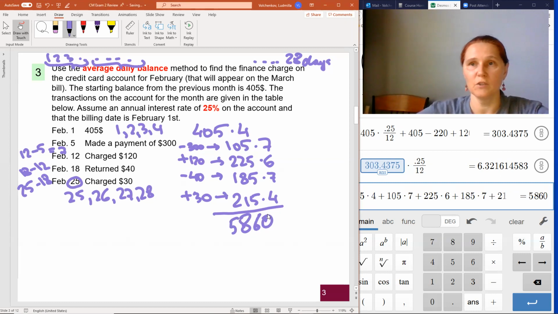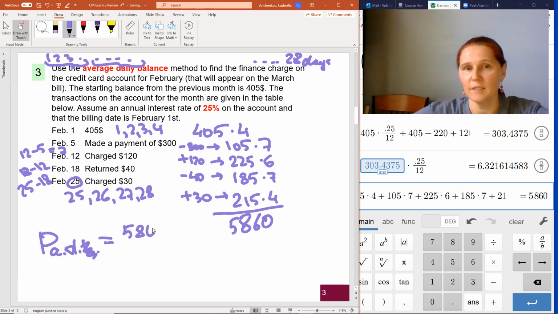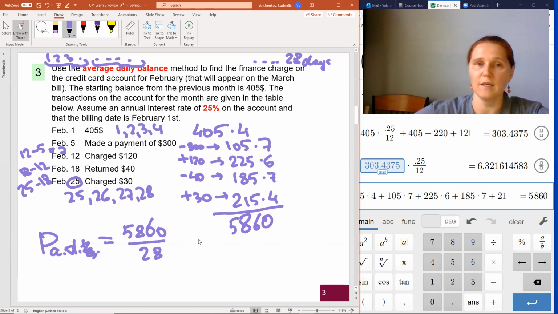We must divide this total by the number of days to find the average daily balance. Average daily balance: 5860 divided by 28 days.